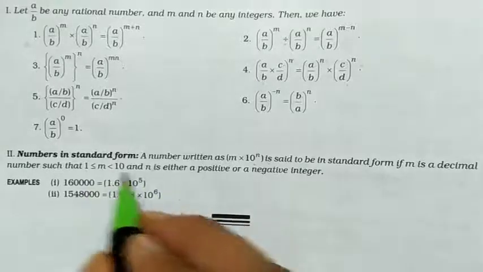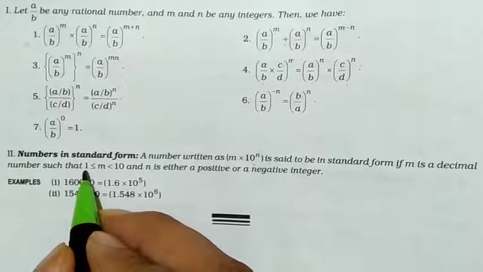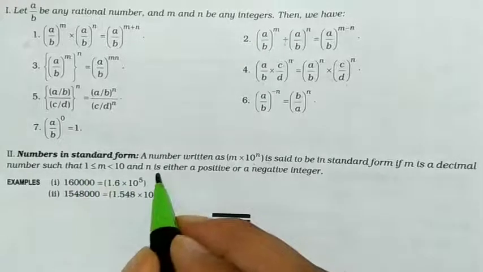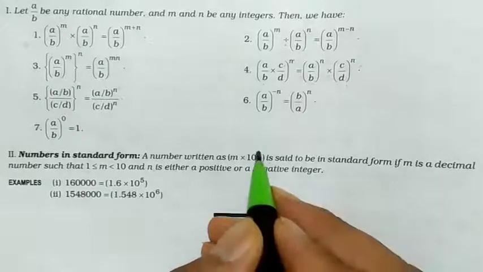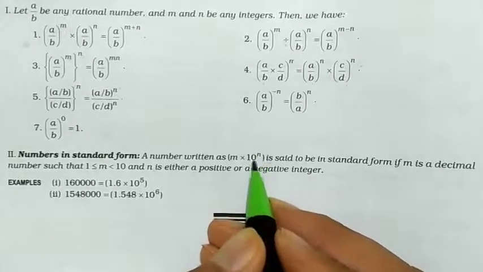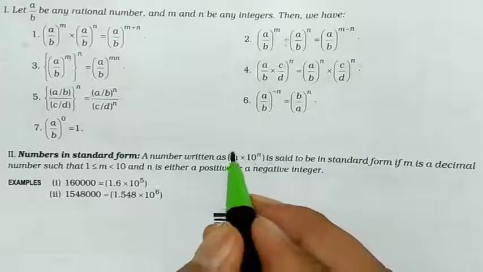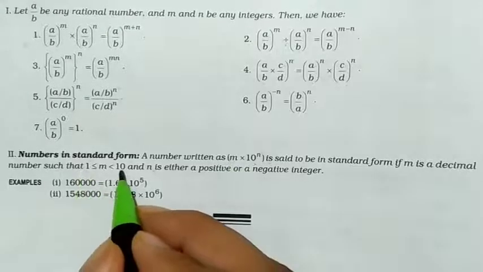Means it cannot be 10. And n is either a positive or a negative integer. Means 10 power can be positive or negative, and m should lie between 1 and 10, where it can be equal to 1, but it cannot be equal to 10.